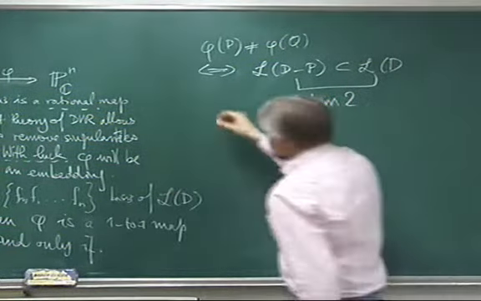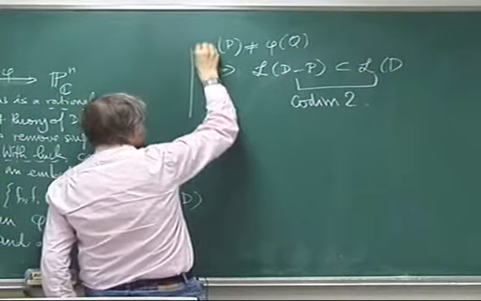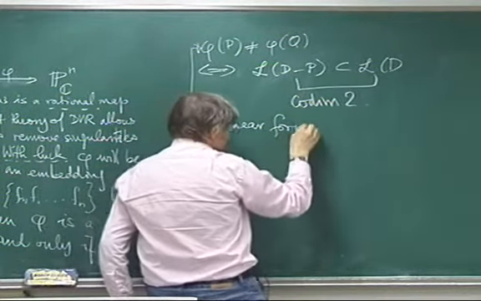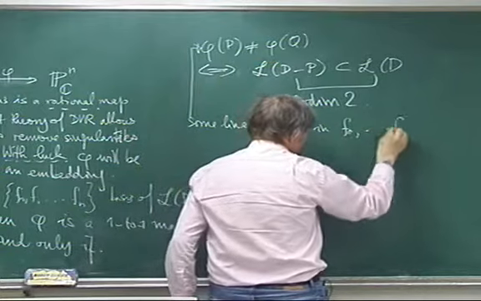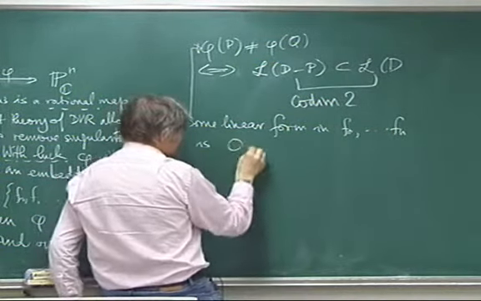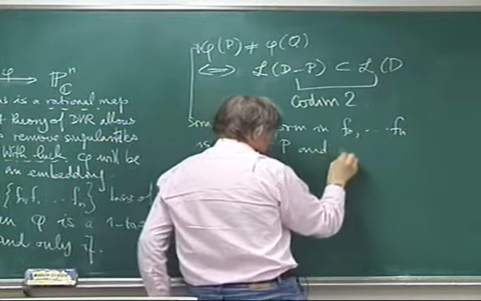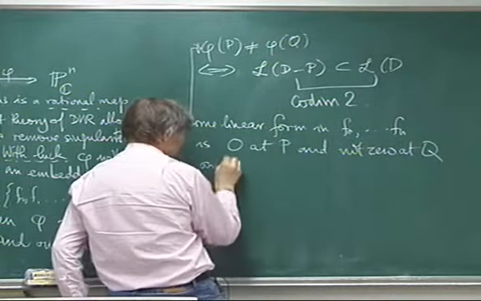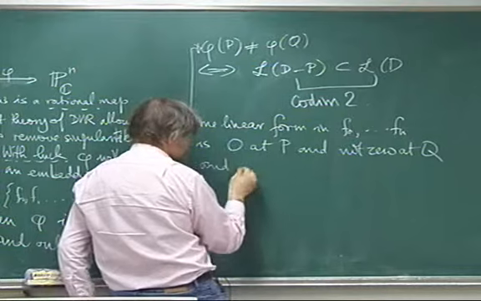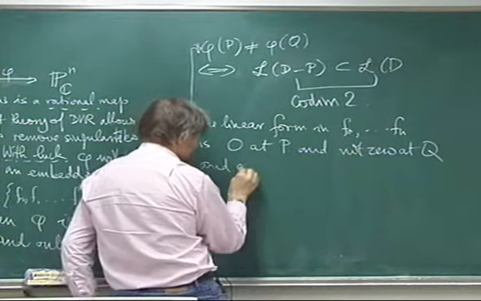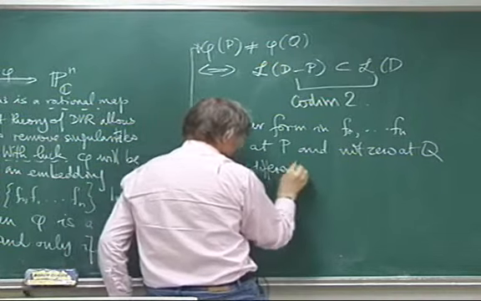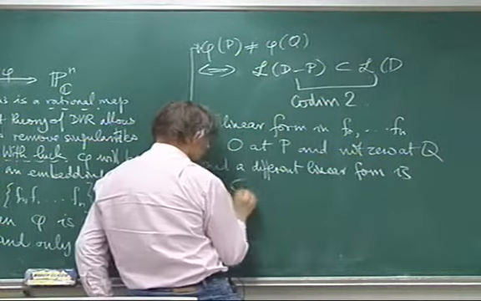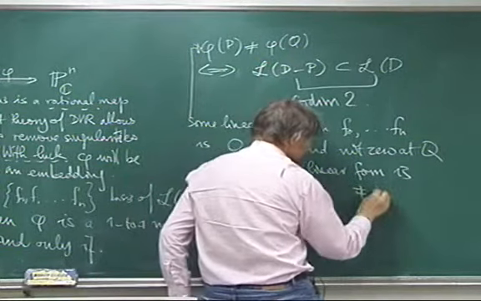Right, this means exactly that some linear form in f0 up to fn is 0 at p and not 0 at q, and vice versa, a different linear form is 0 at q and not 0 at p.